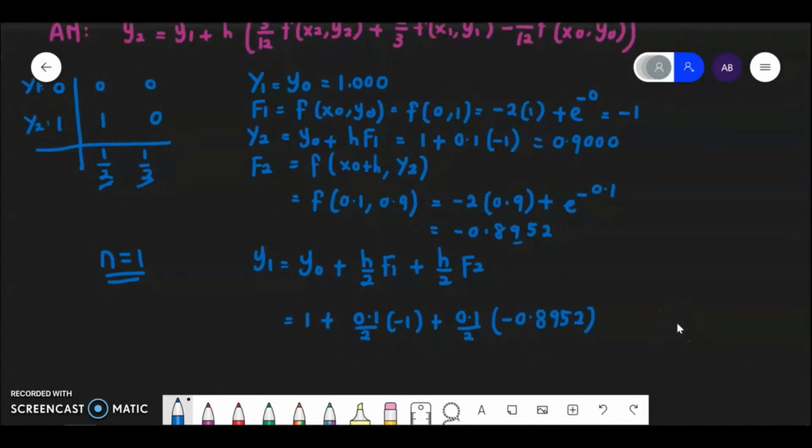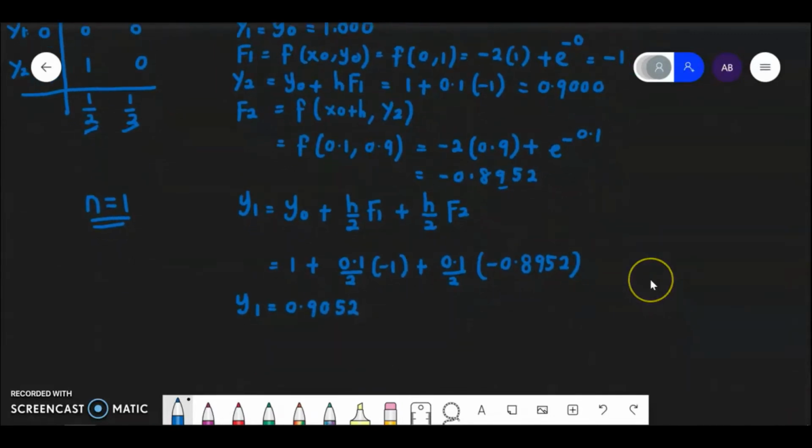Pressing the calculator, you should get 0.9052. So this is my y1. And obviously you also need to find my x1, which is x0 plus h, which is 0 plus 0.1, so 0.1. I've obtained the value at y1 and x1.